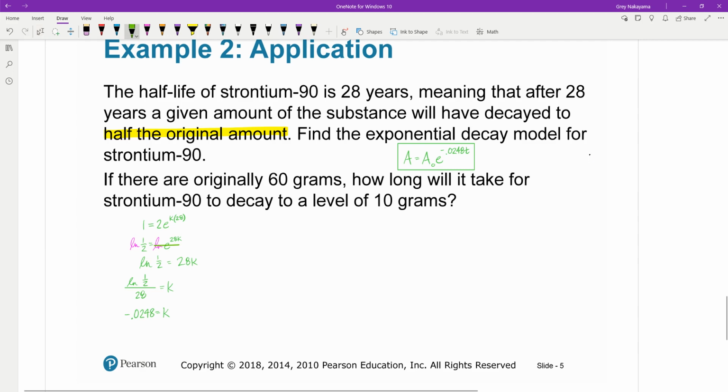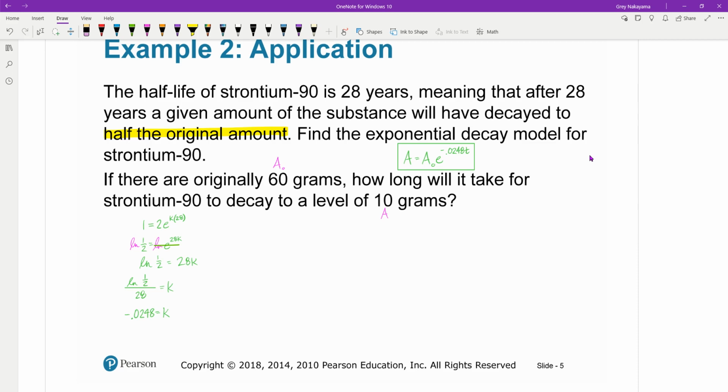On the second part of this question, if they're originally 60 grams, so 60 grams is my a sub 0, that's the original amount, how long will it take for strontium 90 to decay to a level of 10 grams? 10 grams. Yeah, okay. Anyway, rough day.